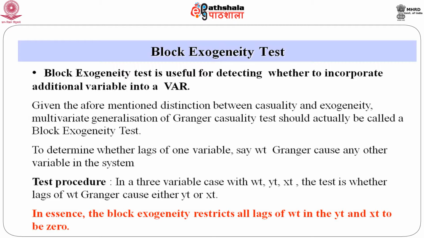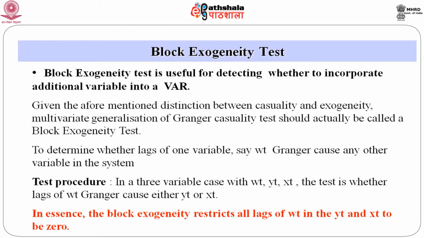To determine whether lags of one variable, say Wt, Granger cause any other variable in the system, we basically perform the block exogeneity test. So, let me describe the procedure. Let us consider the example of a 3 variable case: Wt, Yt and Xt. The test is whether lags of Wt Granger cause either Yt or Xt.